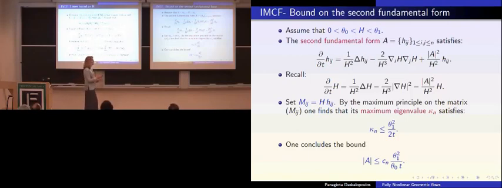The way they bound the second fundamental form is again, this time, with the maximum principle. So the second fundamental form satisfies this evolution equation, which they combine with the evolution equation of H because they don't like this plus, and here now the minus helps. And they find that this matrix satisfies a different equation where you don't have this zero-order term.